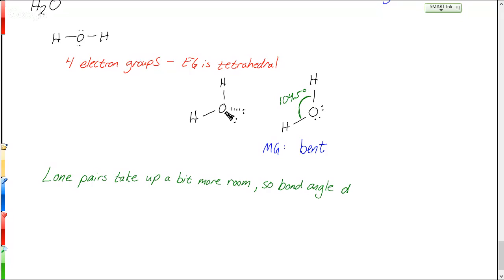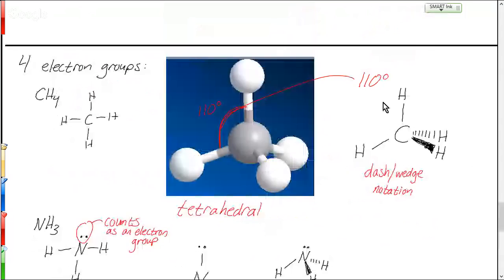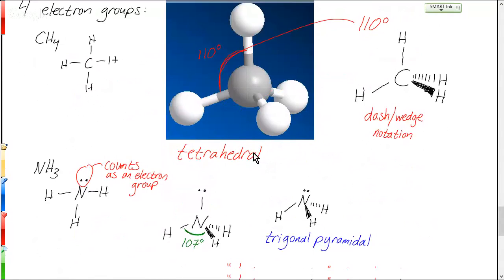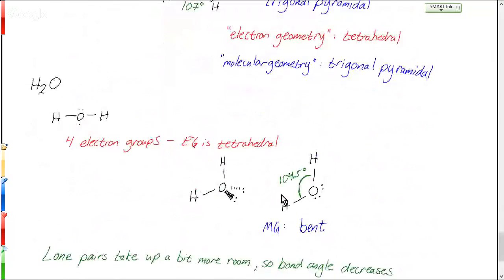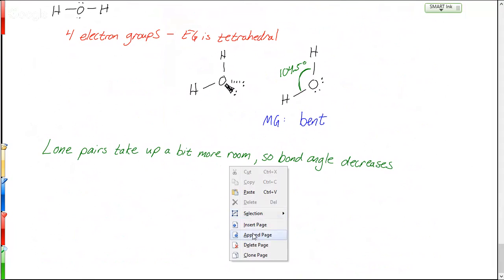So the bond angle decreases as they push those other atoms away. All right, so we go from 110 in methane to 107 in ammonia to 104 for water. And we can expect that to happen in various situations. We'll talk about where it doesn't happen also when we get to that.